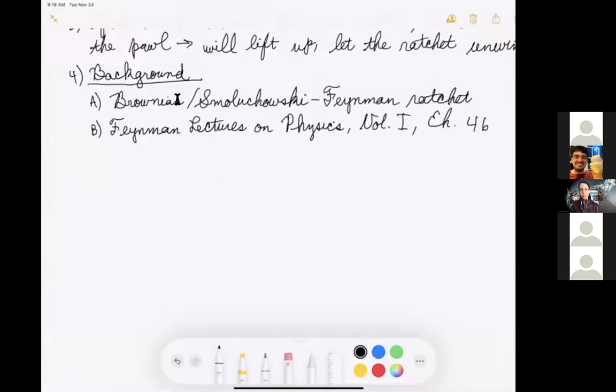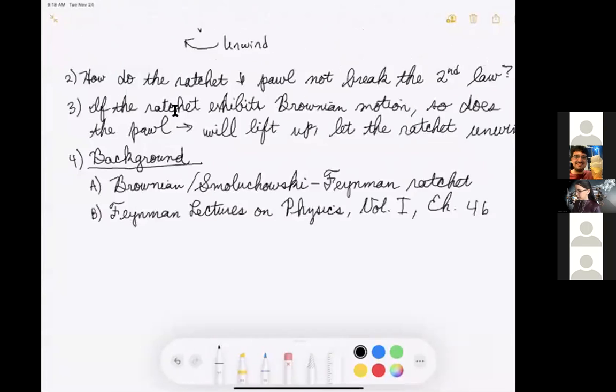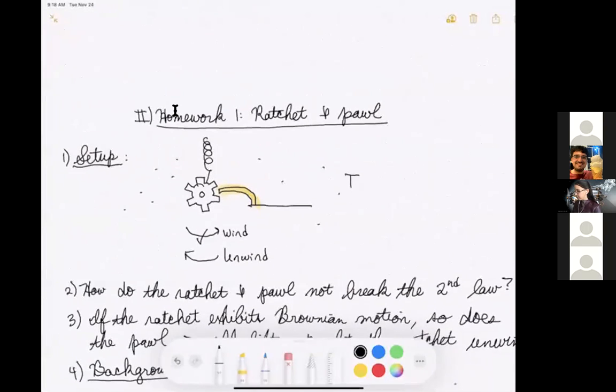Okay, let's move on to further analyses of the Szilard engine.